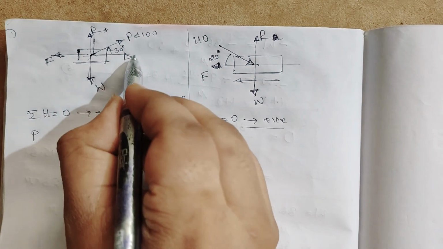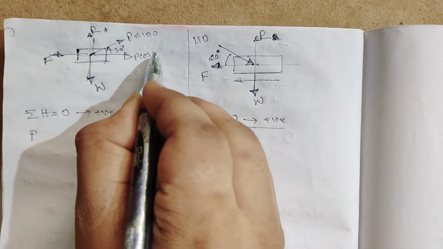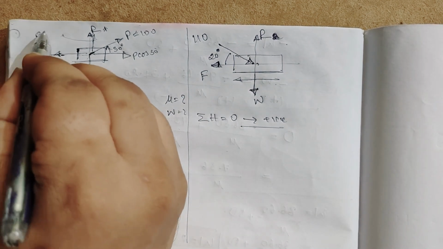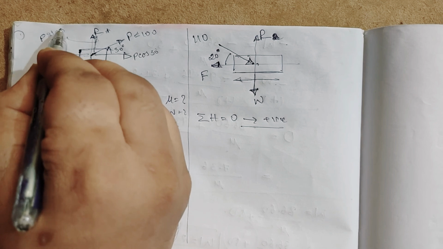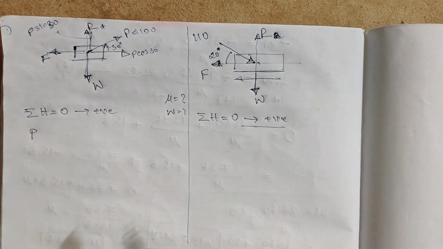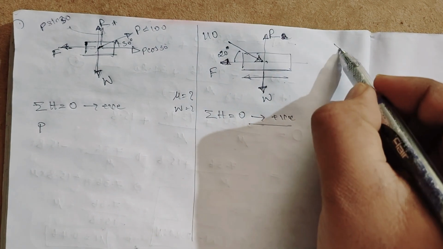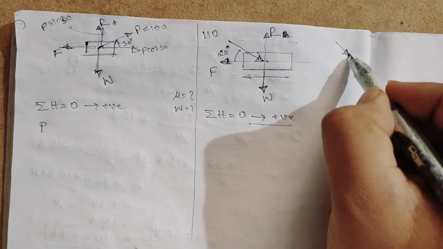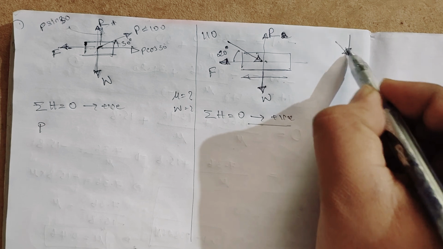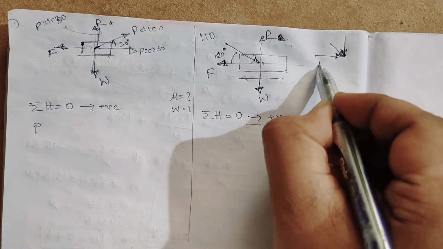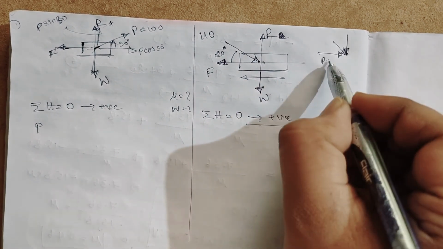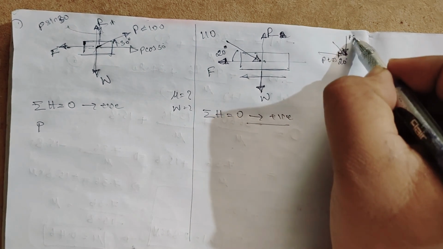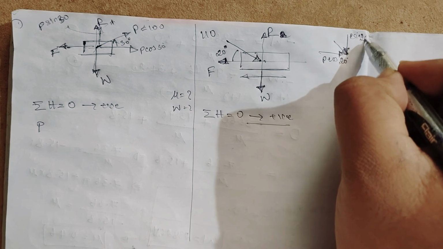The horizontal component is P cos 30 degree and the vertical component is P sin 30 degree. However, here the pushing force is like this. So see the direction. One will be the vertical force and one will be the horizontal force. So the horizontal force will be P cos 20 degree, vertical will be P sin 20 degree.